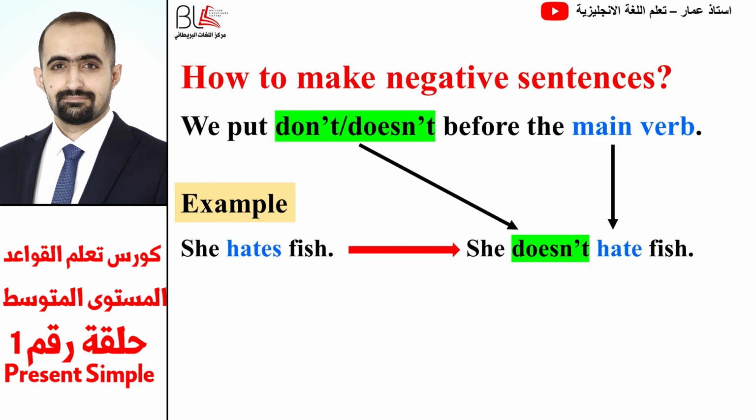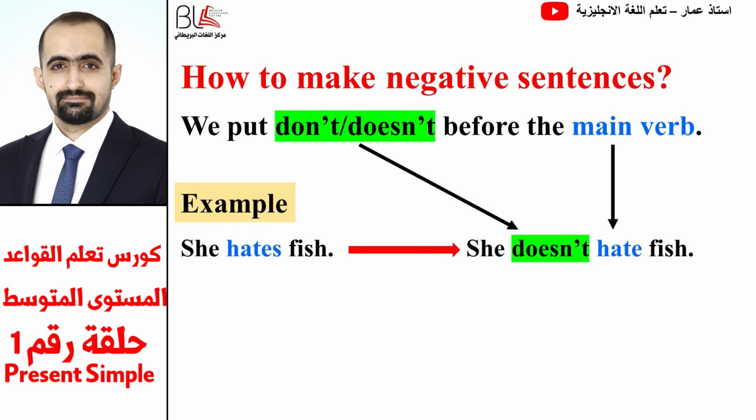She hates fish becomes she doesn't hate fish. We put doesn't before the main verb. نضع doesn't قبل الفعل الرئيسي وفي هذه الحالة هو الفعل hate. And we notice that there is no s with the main verb. ونلاحظ أن الأس في الفعل الرئيسي اختفت بسبب وجود doesn't.